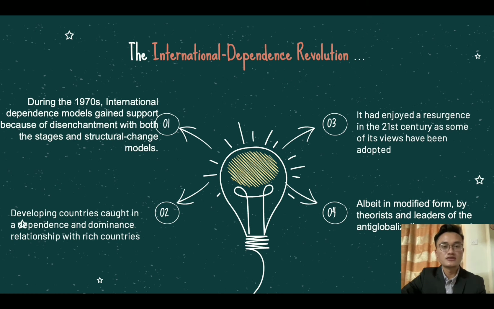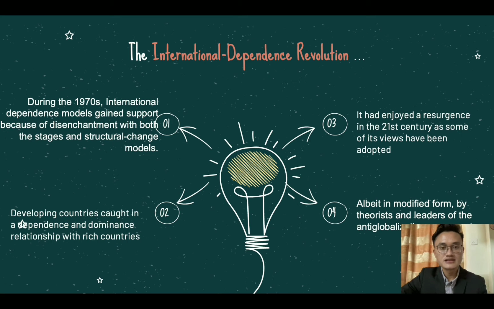The first one, from history: during the 1970s, the international dependence model gained support because of disagreements with both the stages and structural change models in economics. The second one is developing countries caught in a dependence and dominance relationship with rich countries.